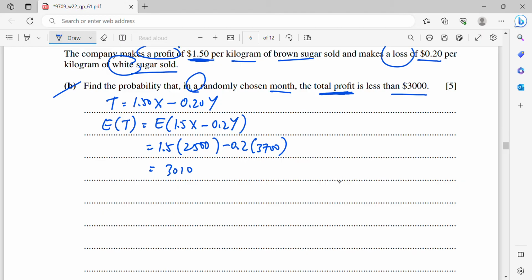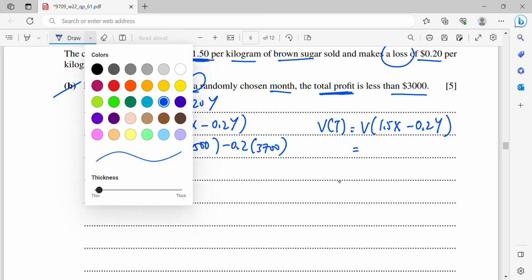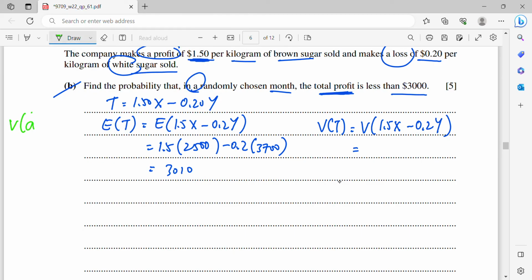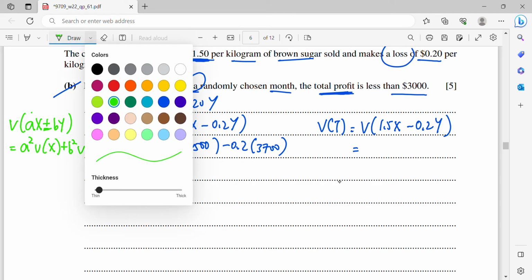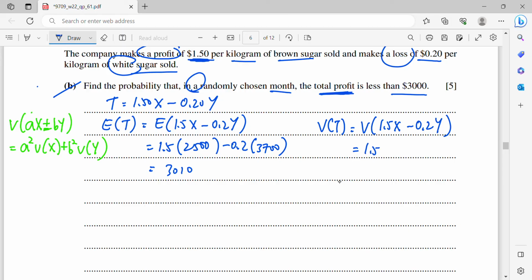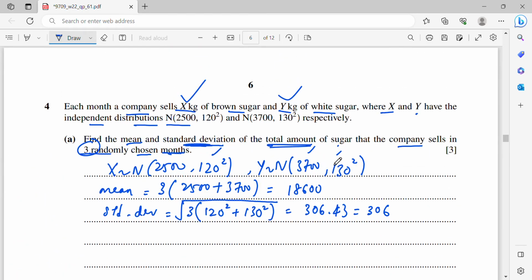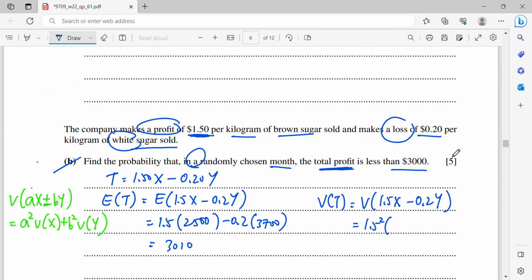Okay, then for the variance, so variance T, it will be variance of 1.5X minus 0.2Y. But then according to the formula, okay, so we have a formula here. Variance of aX plus minus bY, it will be a squared variance X, always plus, even though there is a minus here, plus b squared variance Y. Okay, so for this, I will write 1.5 squared variance X. So now your variance X is going to be 120 squared.